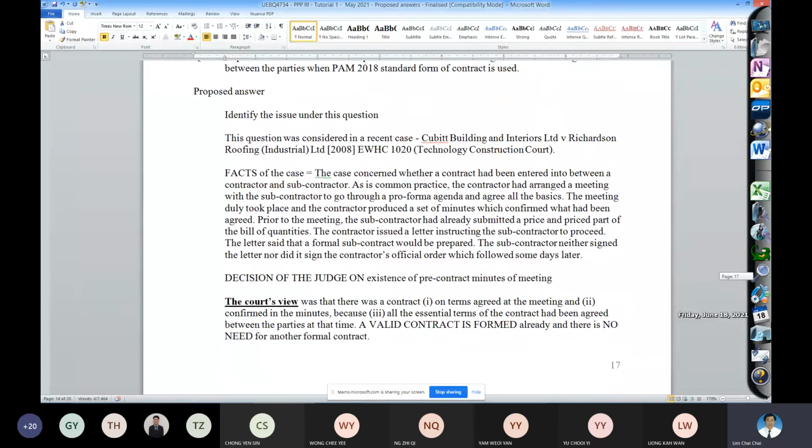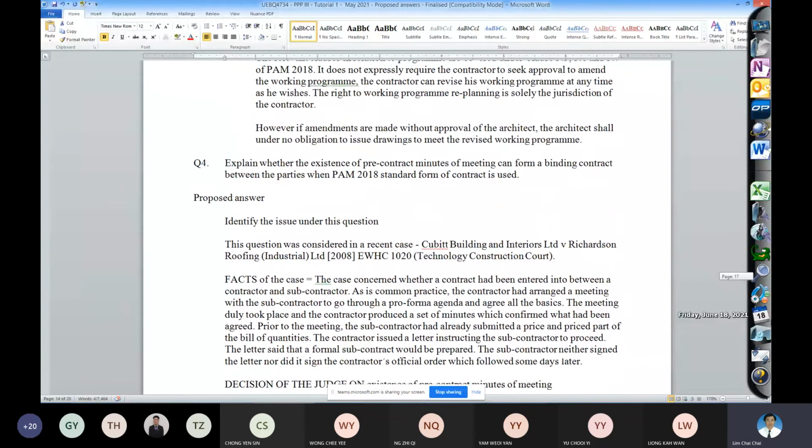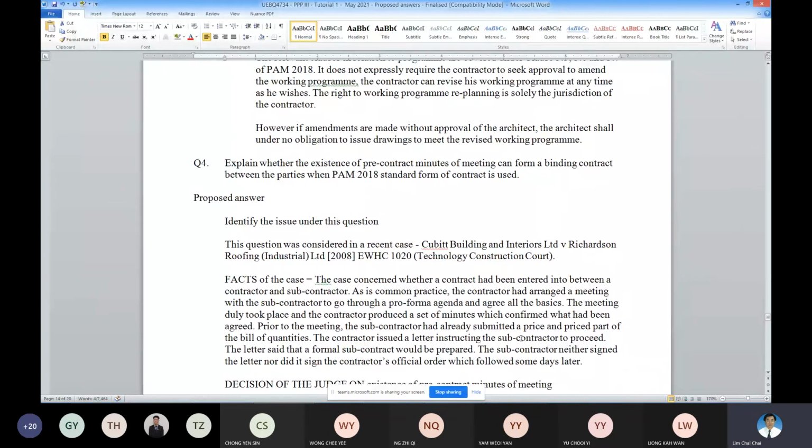I'm going to do this minutes of meeting. The question is whether the existence of the minutes of meeting at the pre-contract stage can form a binding contract.